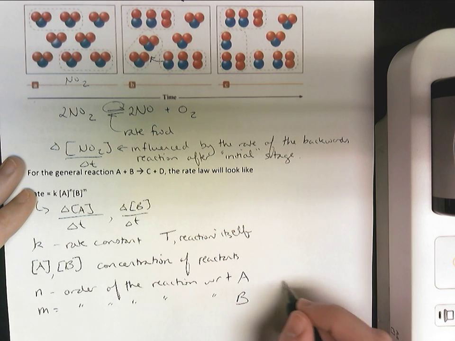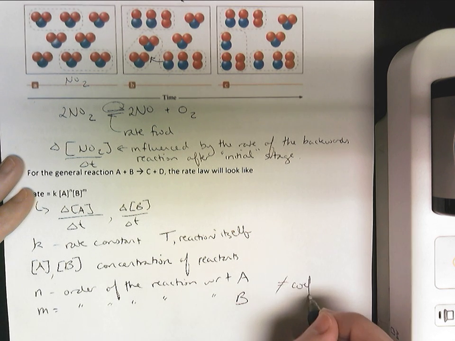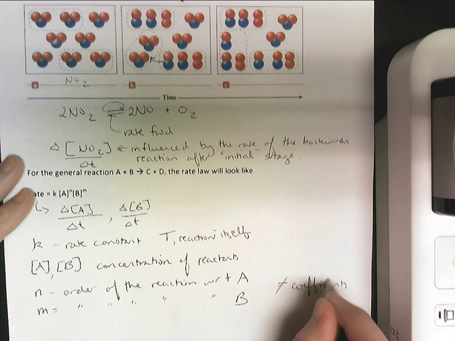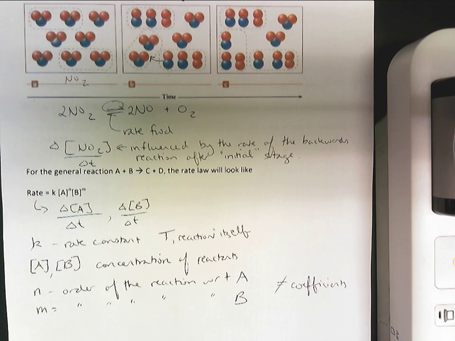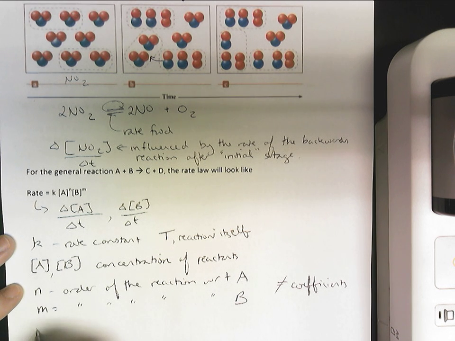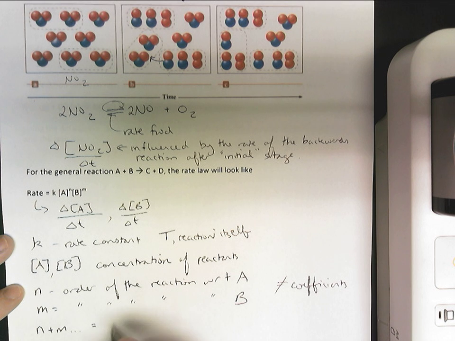Please do not think that they're coefficients. Those powers show how the rate is dependent on the concentration of A and B, respectively. If I had, say, five reactants with powers n, m, o, p, whatever, I would sum up all of them. The sum of all of those is called the order of the reaction.